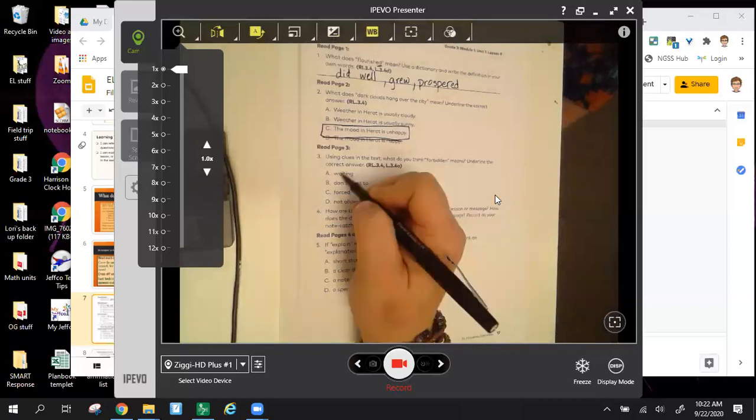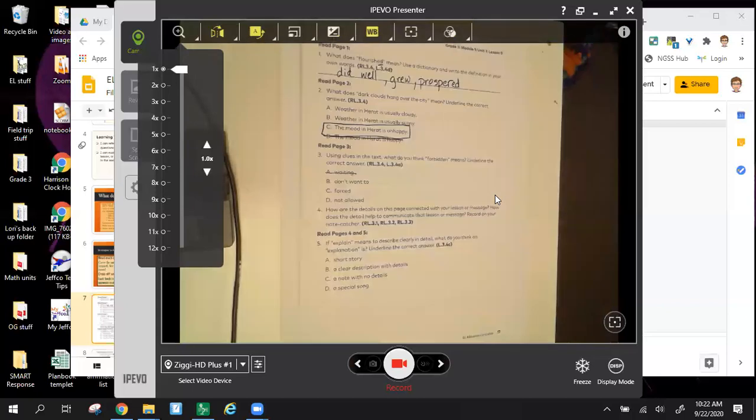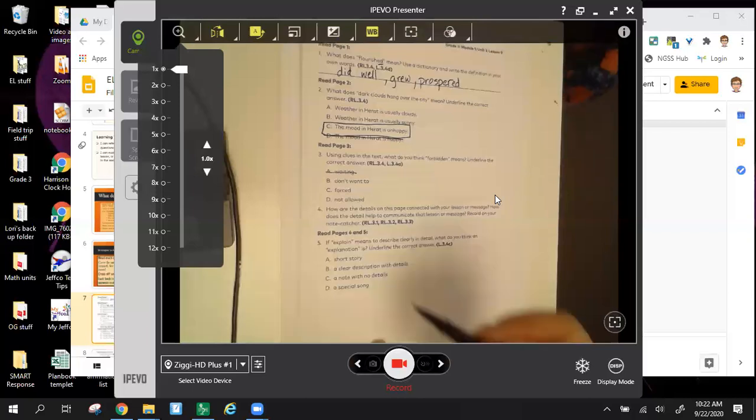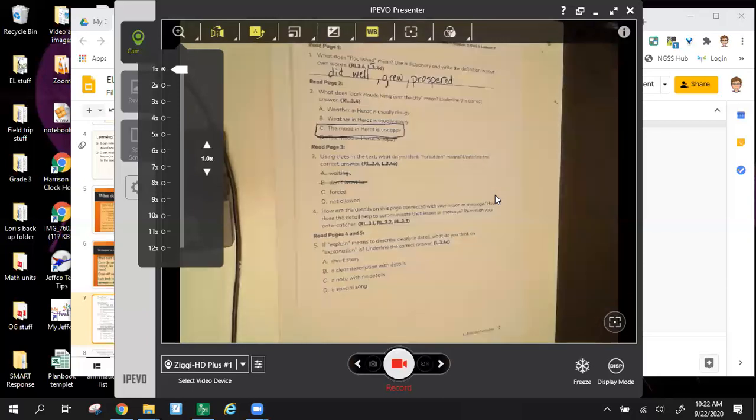No, that's definitely, we can cross that out. Is there another one we could cross out? Does anybody think we could get rid of don't want to? It's not that they don't want to go to school, right? So that leaves us with forced or not allowed.